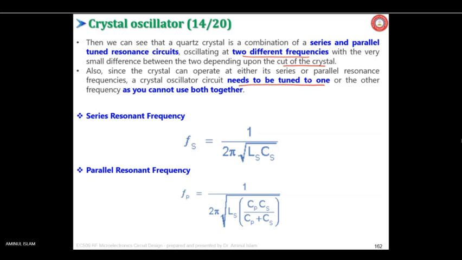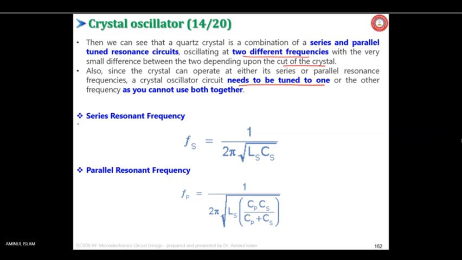Both cannot be used. I mean to say, it cannot be operated at series resonant frequency as well as parallel resonant frequency. You have to tune in such a way that it is operating at only one frequency.